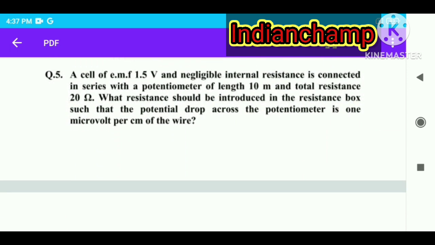A cell of EMF 1.5 volt and negligible internal resistance is connected in series with a potentiometer of length 10 meter and total resistance 20 ohm. What resistance should be introduced in the resistance box such that the potential drop across the potentiometer is 1 microvolt per centimeter of the wire?